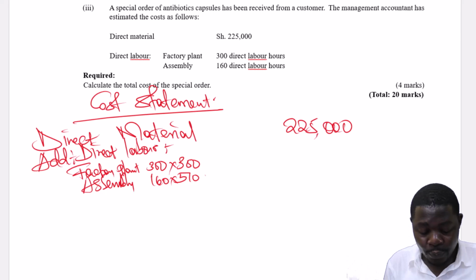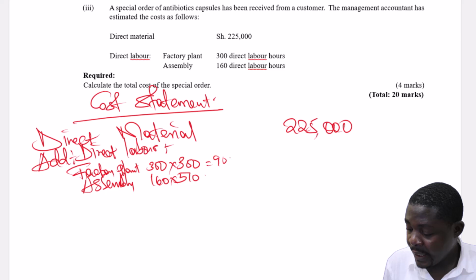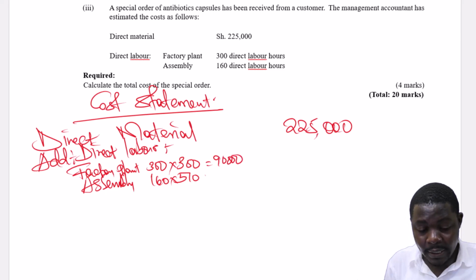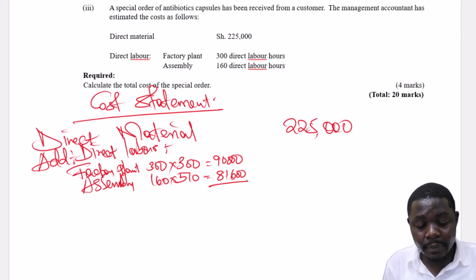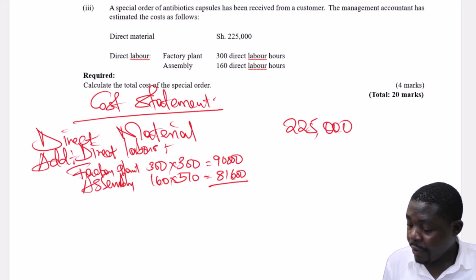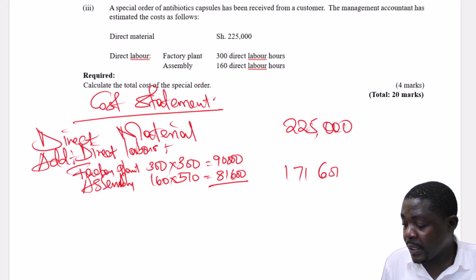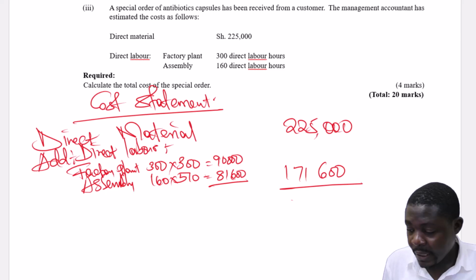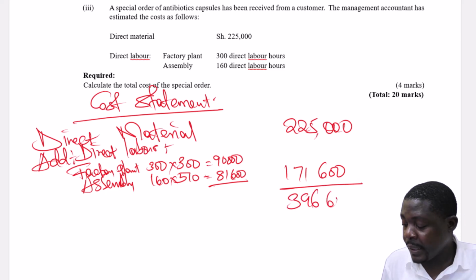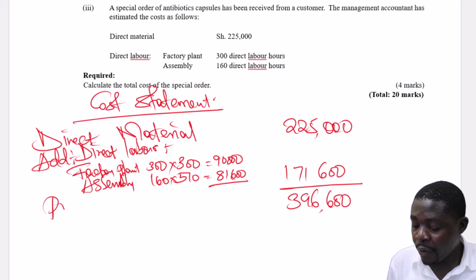You multiply 300 by 300, you should be getting 90,000, and then 160 we are multiplying by 510, you get 81,600 plus 90,000, you are going to get 171,600. We add this one to 225,000, you get 396,600. That is the prime cost.